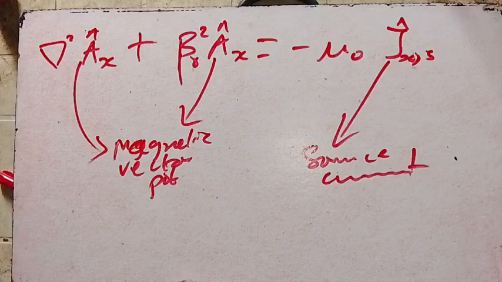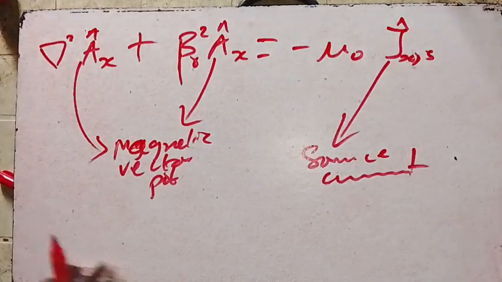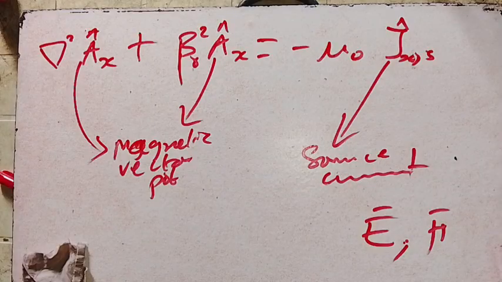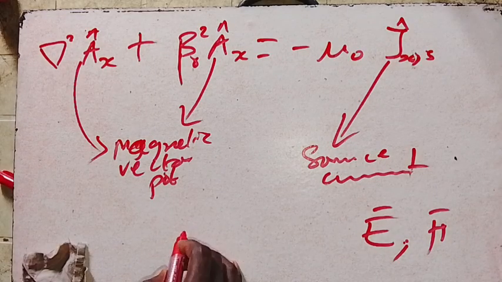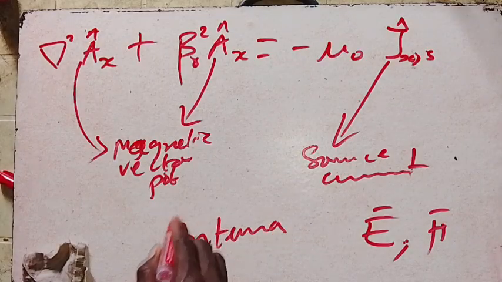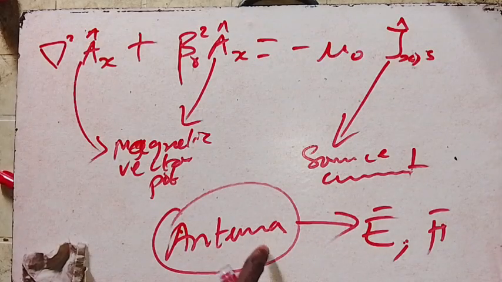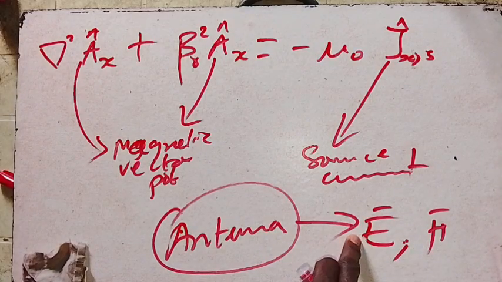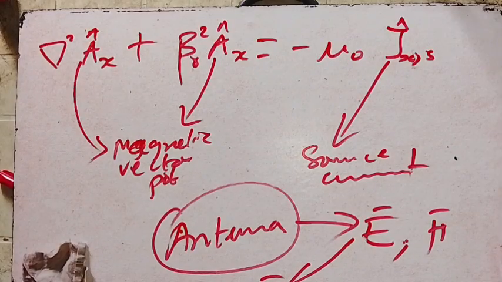Now, the thing is, we want to know the electric and magnetic field. This is where we are heading to. What is the electric and magnetic field produced by an antenna? If you have an antenna here, what is the electric and magnetic field that will be produced by this antenna? For you to know the electric and magnetic field, you have to know the magnetic vector potential.